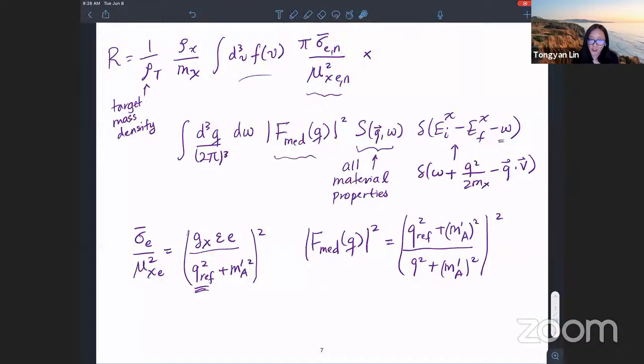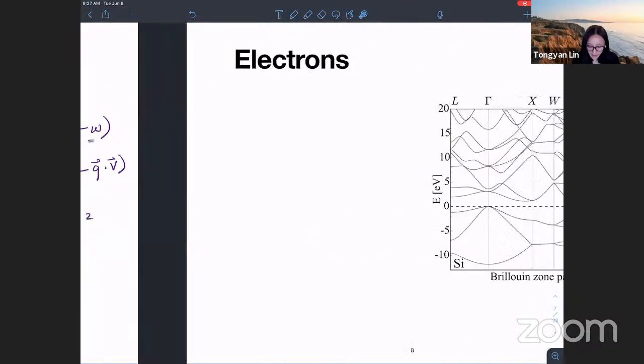Are there any questions so far on the more dark matter model side? Okay, well, we can always return to this later.